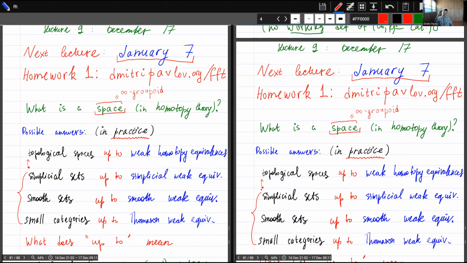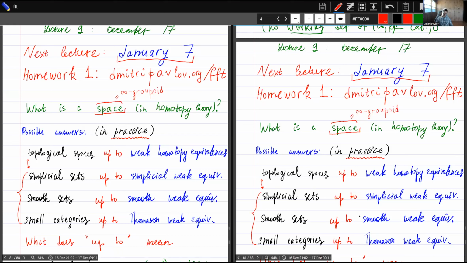For simplicial sets, which we'll discuss in a second, you can define its own notion of a simplicial weak equivalence, either through geometric realization or directly. For smooth sets, you can define homotopy groups in very much the same manner as for topological spaces, only you use smooth spheres instead of continuous spheres.